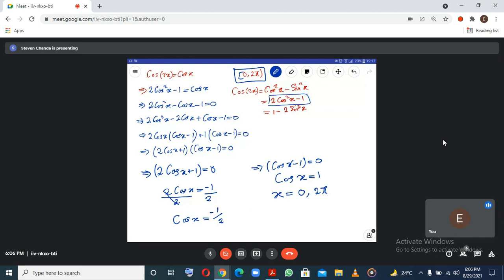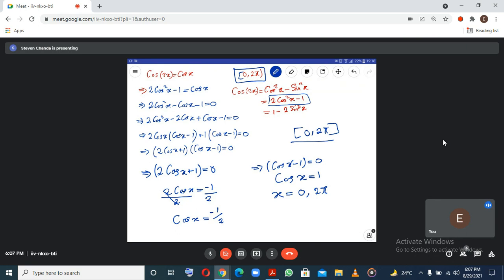So you see we want something where zero can be an answer, but 2 pi in this case, because of the domain that we've been given, we only get 0. But if the domain had a curly bracket on the 2 pi, then 2 pi would have been the answer as well.